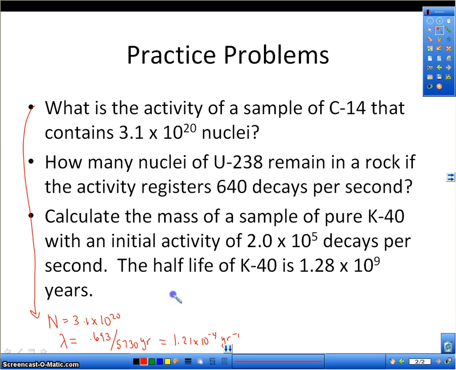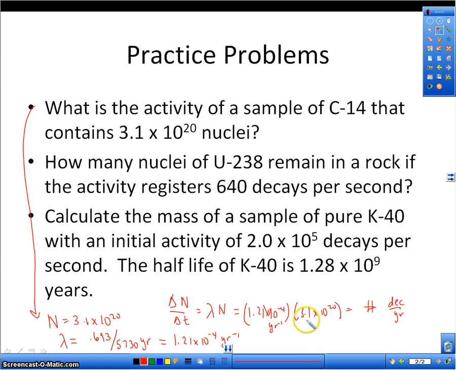Okay, so our activity is going to be the lambda times the number of nuclei. So you can multiply those two together. You would say 1.21 times 10 to the minus 4th inverse years times 3.1 times 10 to the 20th. That's going to get you a number that's going to be in decays per year. That would be the unit, because this is inverse years, and this one happens to be nuclei, so nuclei per year.